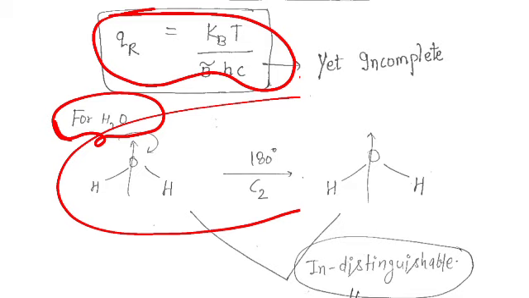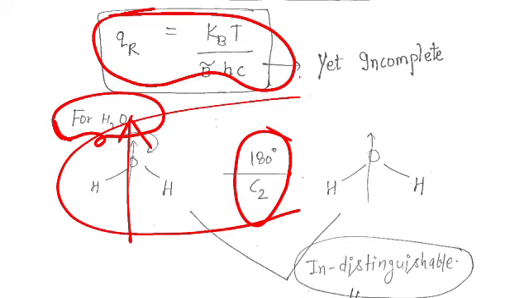Means in a water molecule there are two conformations of the rotation. Here we just rotated 180 degrees along this axis, so we get a conformation which is found to be the same, and both are indistinguishable.